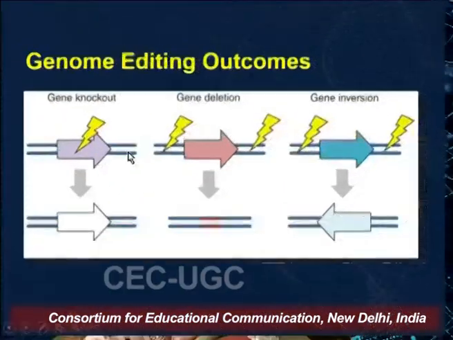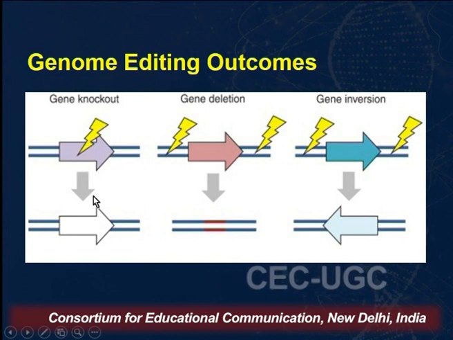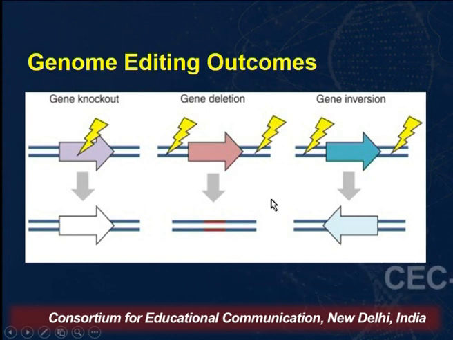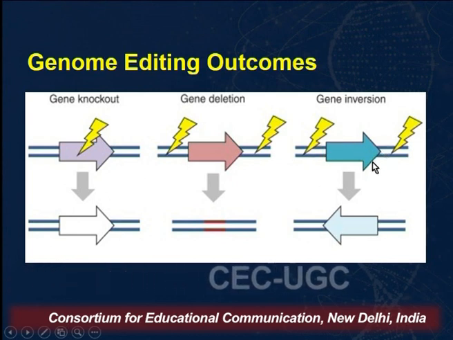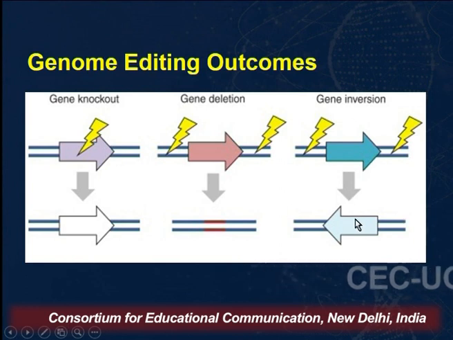So there can actually be gene knockout, where the gene can be inactivated or just removed. There could be gene inhibition, there could be gene inversion. When the gene is there, you can cause homologous recombination, and when the repair occurs, the gene orientation is actually reversed.